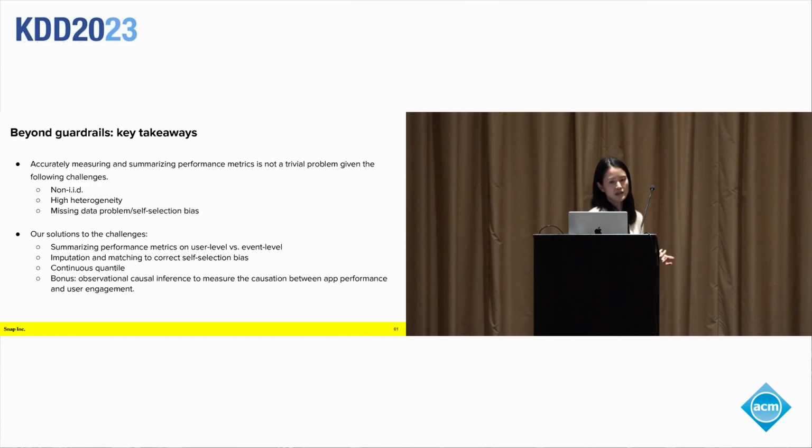We use imputation matching to correct self-selection bias. We also have the continuous quantile method to show the heterogeneity and measure the performance metrics over the full spectrum. And the bonus challenge we deal with is that we have a scalable method to measure the causal relationship of app performance on user engagement.